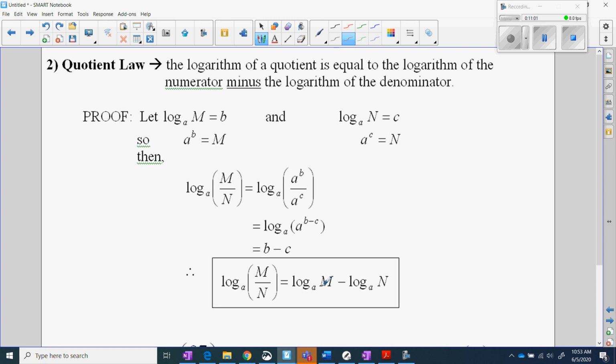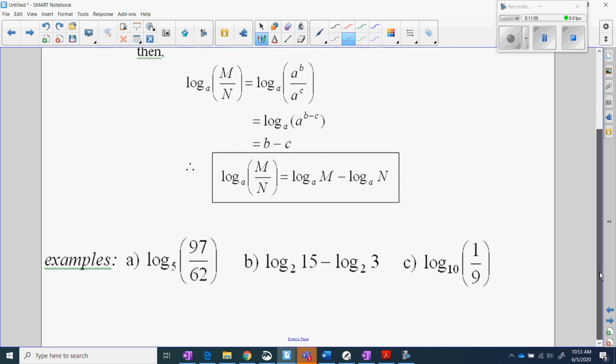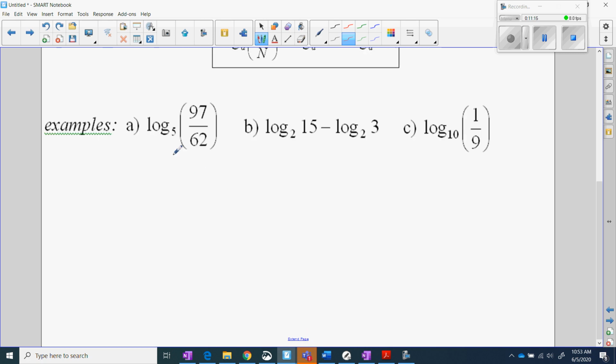And again, as we said in the last one, you have to be able to go in both directions. So if I have a difference, I'll be able to write it as a quotient. So let's look at a couple examples of each of those. So the first one, if you have the log of 97 over 62 to base 2, well, according to the law up above, scroll up a tiny bit so we can see it.